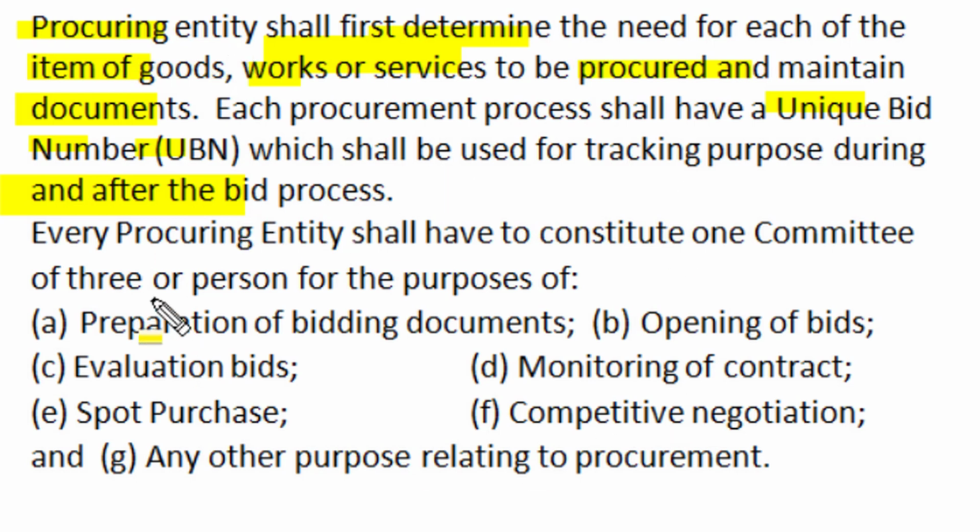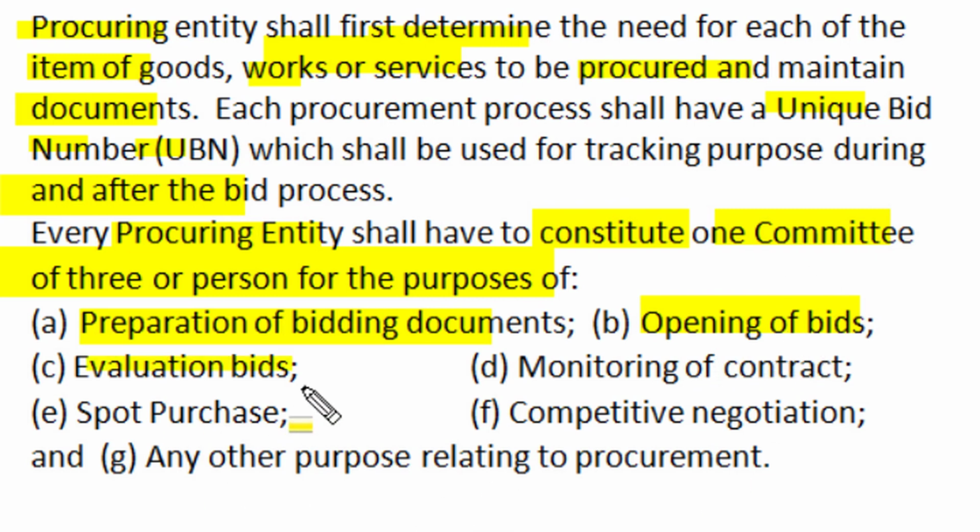Every procuring entity, the officer who performs procurement activity, has to constitute one procuring committee consisting of 3 or more persons of technical and financial background. Now this committee has to prepare the bidding document with all the scope parameters of procurement. The team will open all the bids which different suppliers submit.